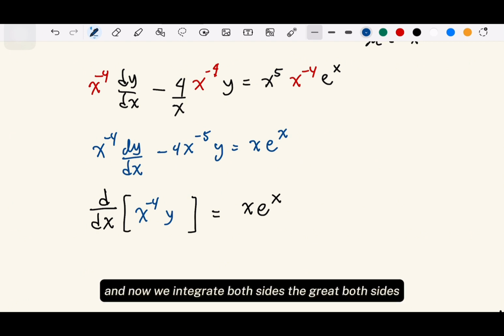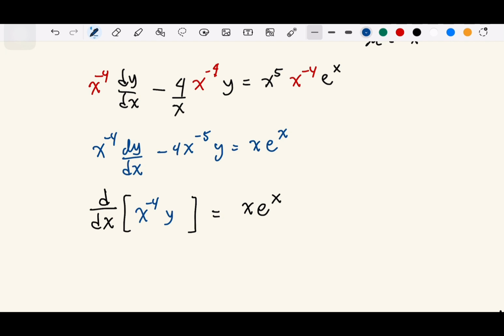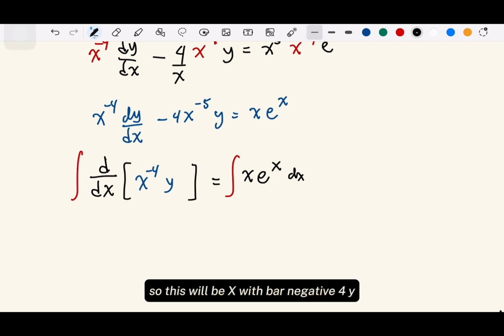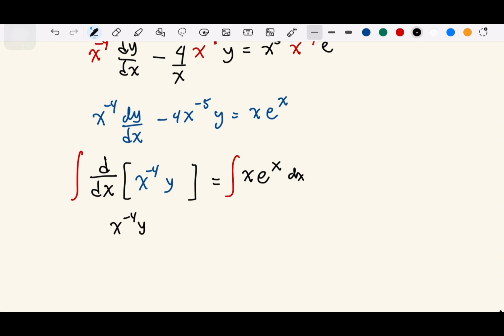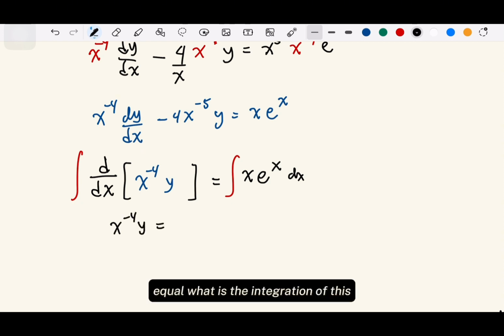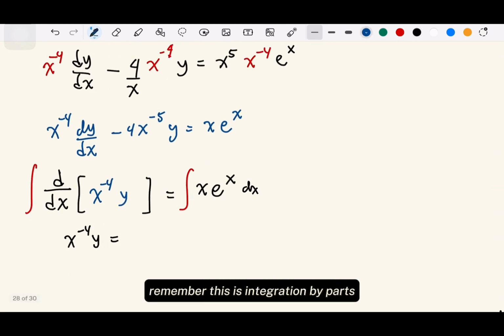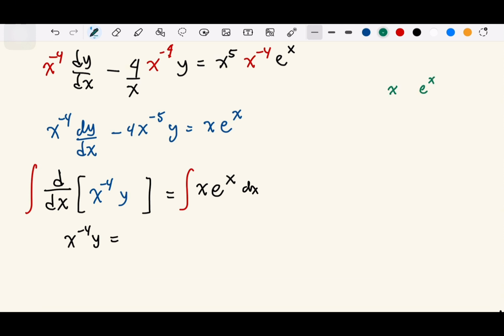Okay, now we integrate both sides. Integrate both sides. So this will be x with power negative 4y equal, what is the integration of this? Remember, this is integration by parts. So let me write here just to make some notes.